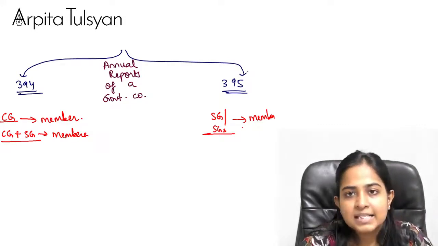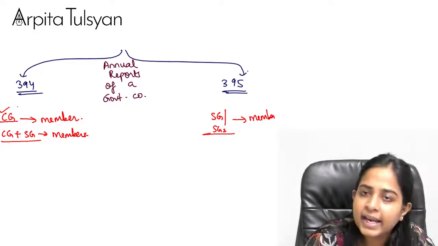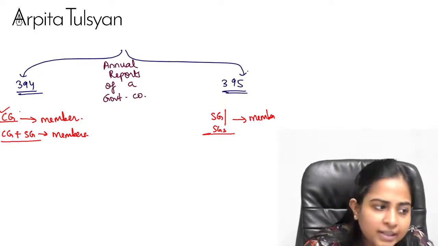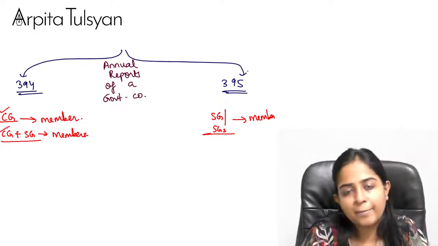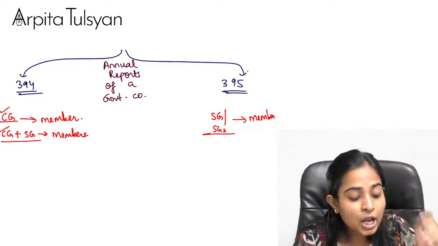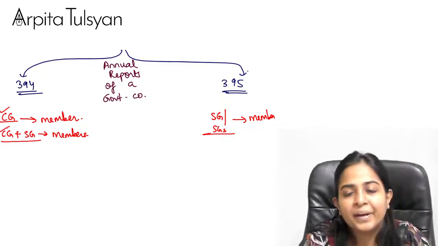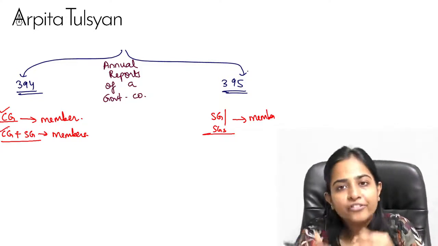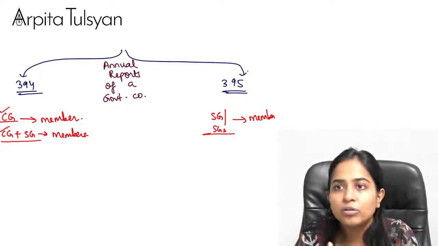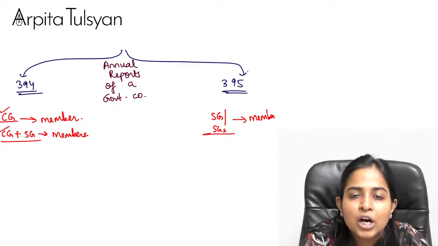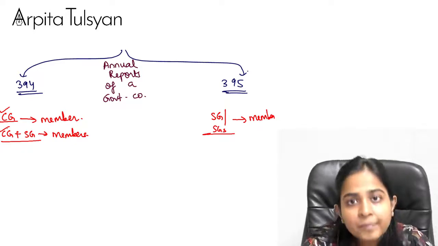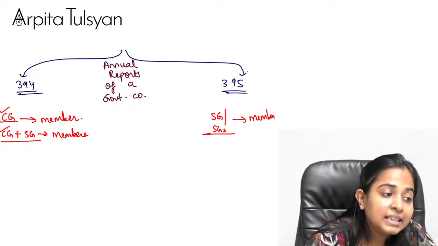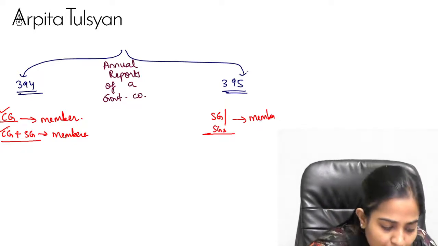So what are they supposed to do? The central government can alone be a member in the government company, or jointly they can be members. So they are supposed to prepare a report on the working of the government company, means how the government company is operating, how it is functioning. On that particular thing, they have to prepare a report.